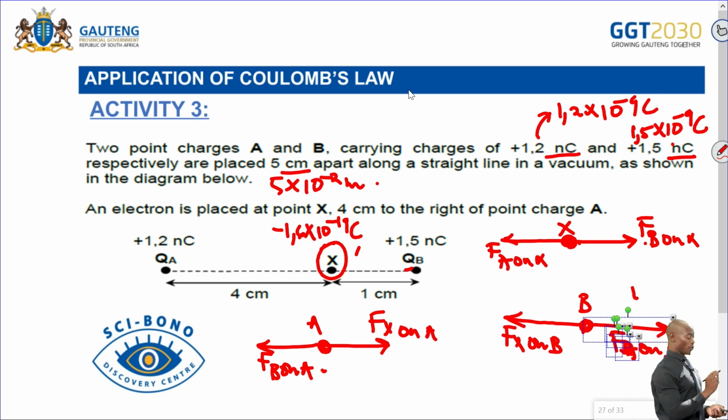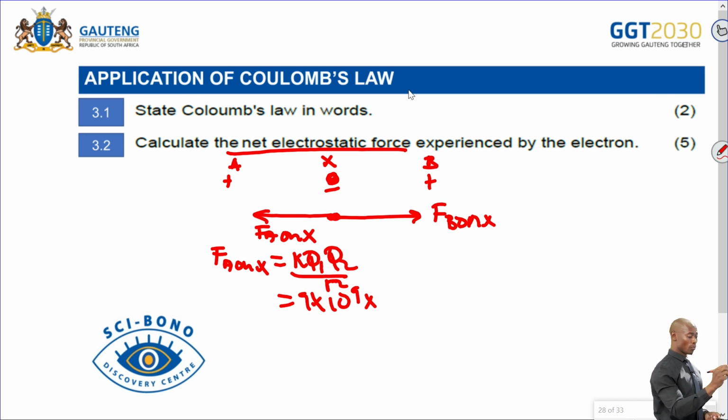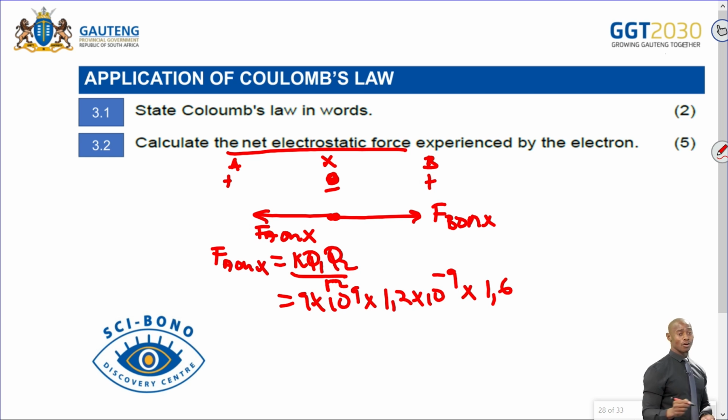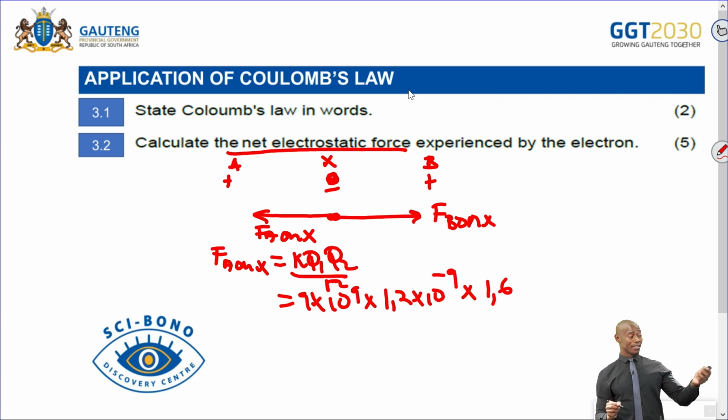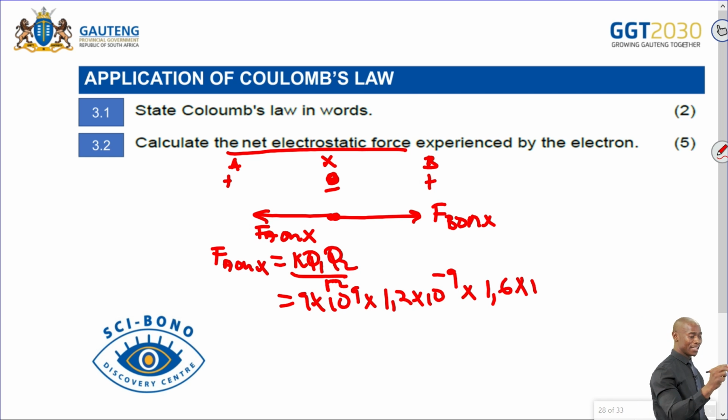It's 1.2, right? So it would be 1.2 times 10 to the power negative 9 times 1.6. You can see I'm no longer using negative there. So the magnitude of the charge when I'm using this equation must be positive, ne? So it's 1.6 times 10 to the power negative 19, all right? That is between A and X, ne?